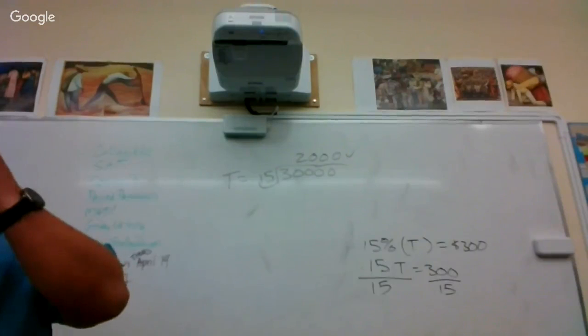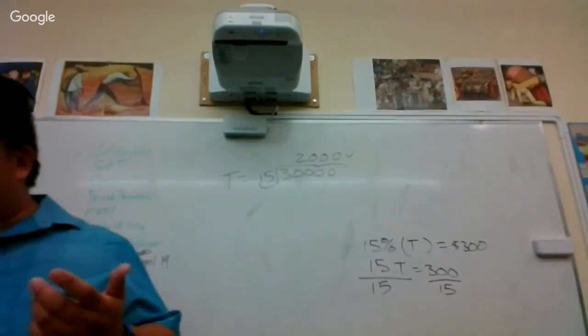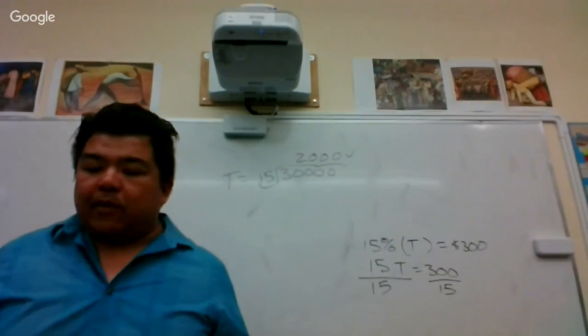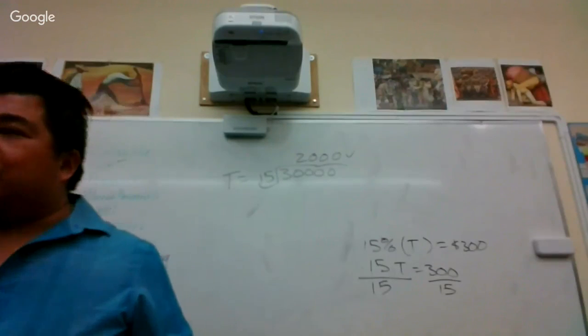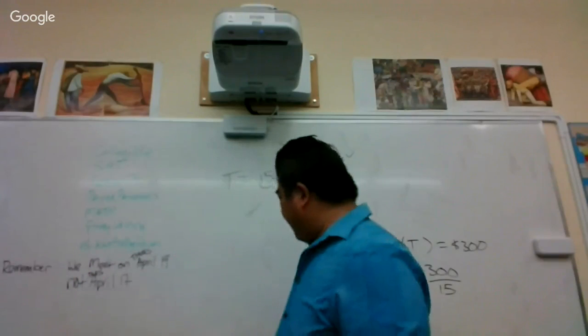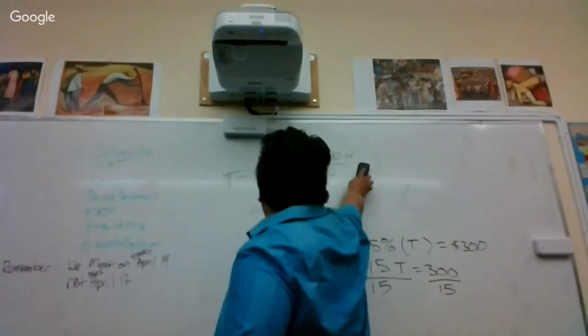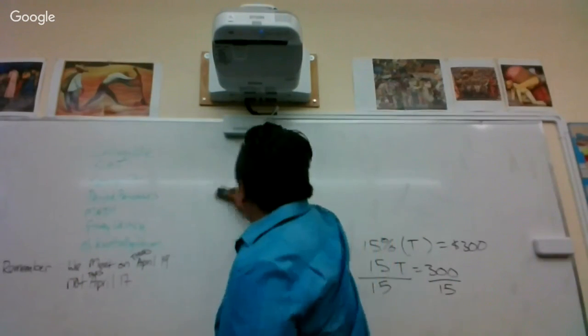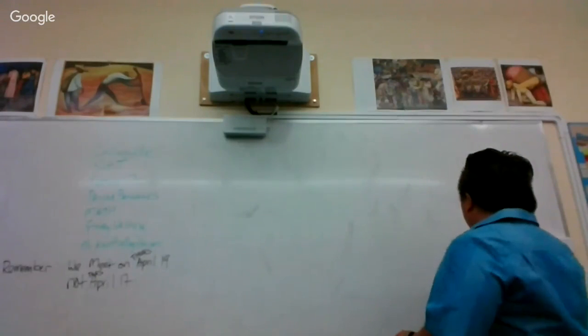This problem number 6 here is dealing with ratios. Let's have Jeremy read this one first before we answer that question. Tim walks 1 mile in 12 minutes. How long will it take him to walk 21 miles?